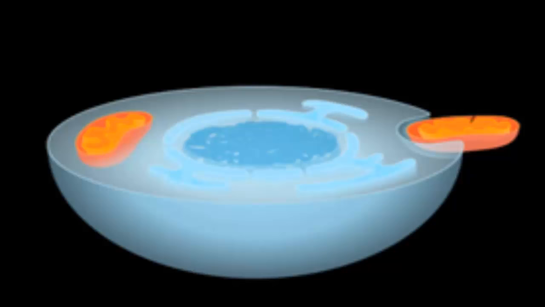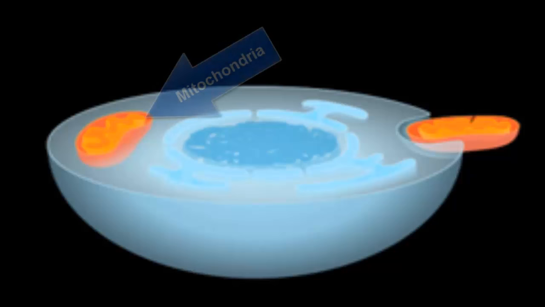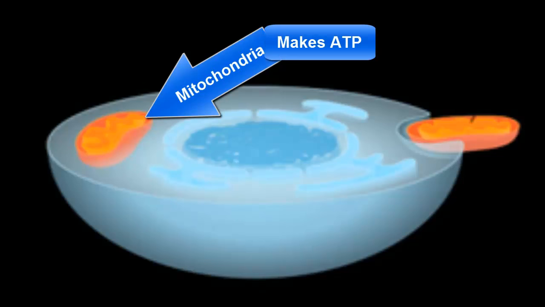And that little orange organelle that's referenced there is called the mitochondria. So mitochondria, as you'll learn at the end of the year, is an organelle, a part of the cell, that's responsible for taking your sugars and your oxygen and turning around and making ATP with it. ATP stands for adenosine triphosphate. It's your energy source. It's the way that your cells are able to go through chemical reactions.